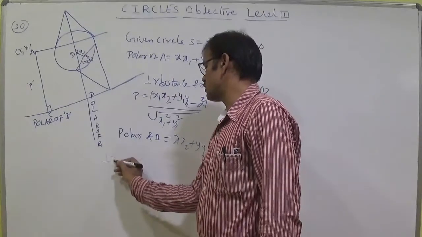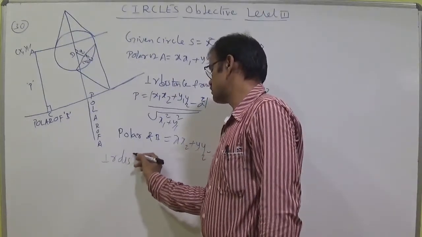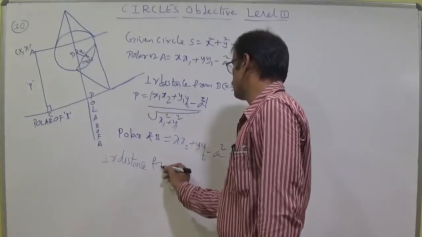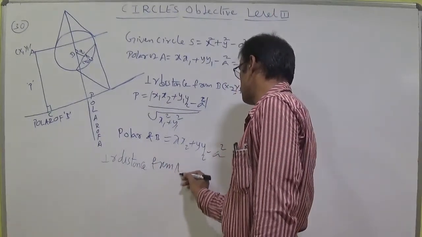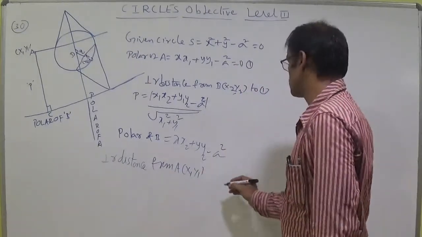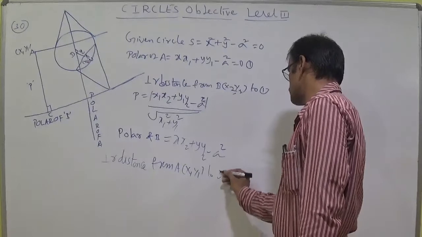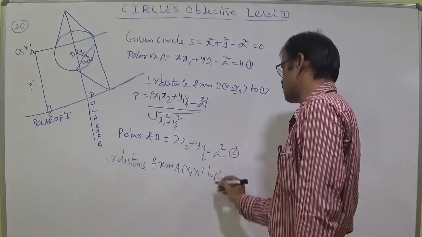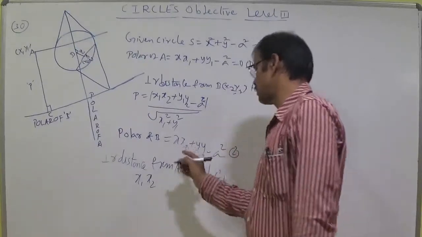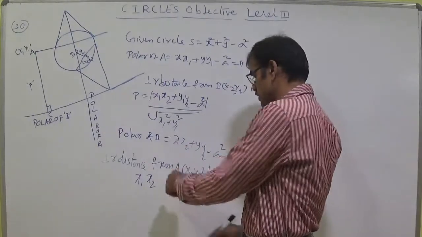Now the perpendicular distance from A x1 comma y1 to this, the second equation. We can write, instead of x you put x1.